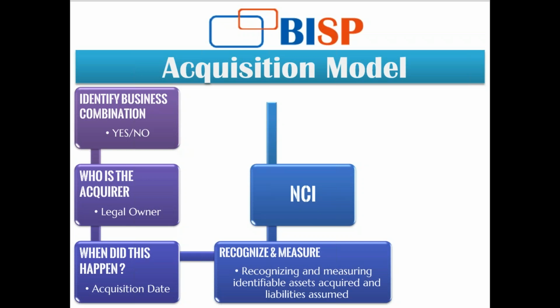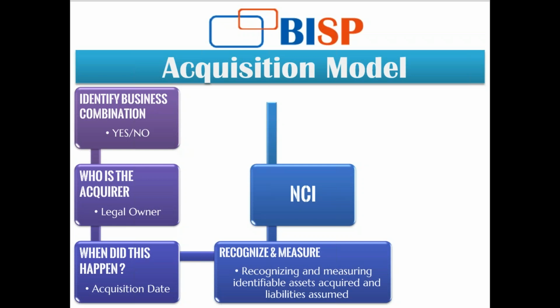So if I am the acquirer, I have the option to show the NCI in my financial statements at the fair value of the shares that they are holding, or I can provide them with the acquiree's recognized identifiable net assets portion.